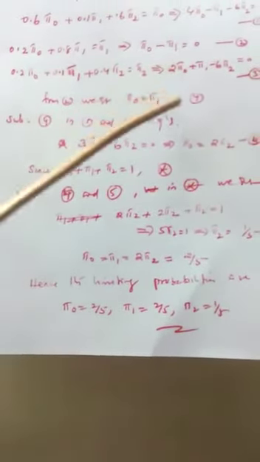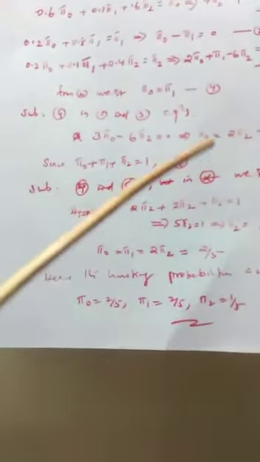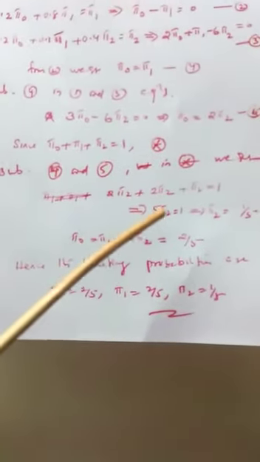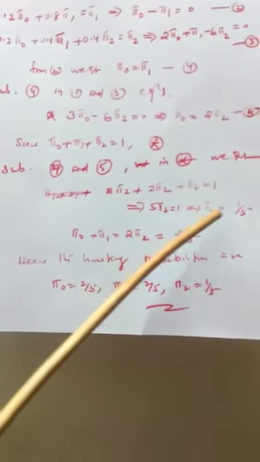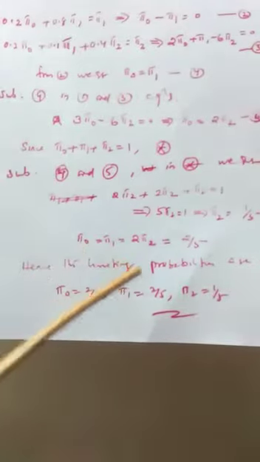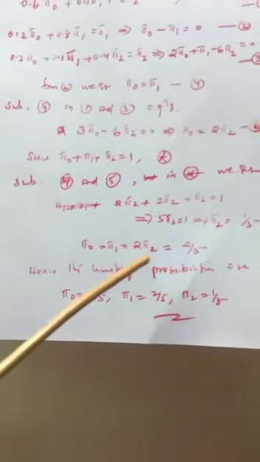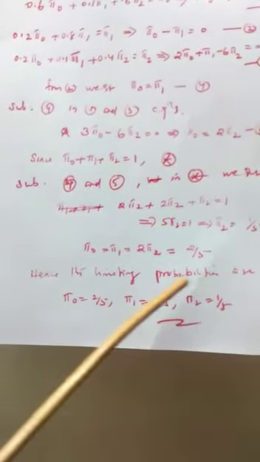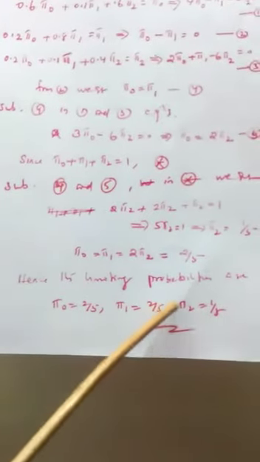Substituting 4 and 5 in star, we get 2 pi 2 plus 2 pi 2 plus pi 2 equal to 1, which implies 5 pi 2 equals 1, so pi 2 equals 1 by 5. Now pi naught is equal to pi 1, which is equal to 2 pi 2, that is 2 by 5. So the limiting probability distributions are pi naught equal to 2 by 5, pi 1 equal to 2 by 5, pi 2 equal to 1 by 5.